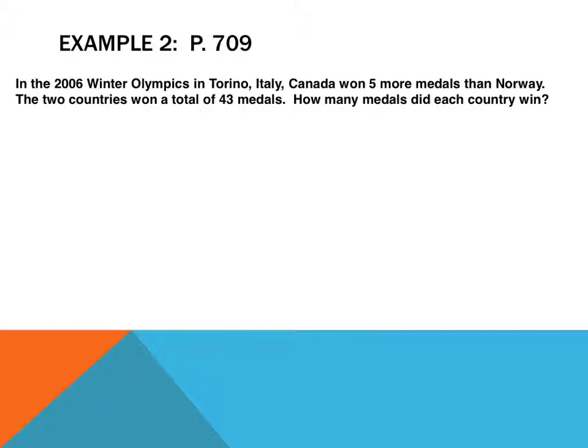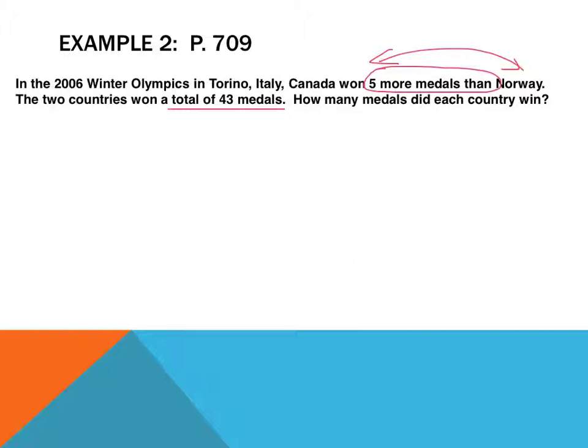Okay, example 2. In the 2006 Winter Olympics in Torino, Italy, Canada won 5 more medals than Norway. So, more than. The two countries won a total of 43 medals.